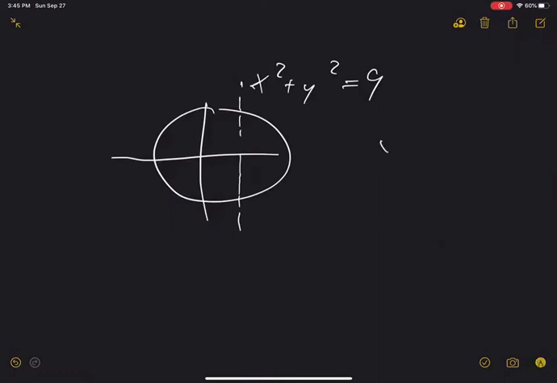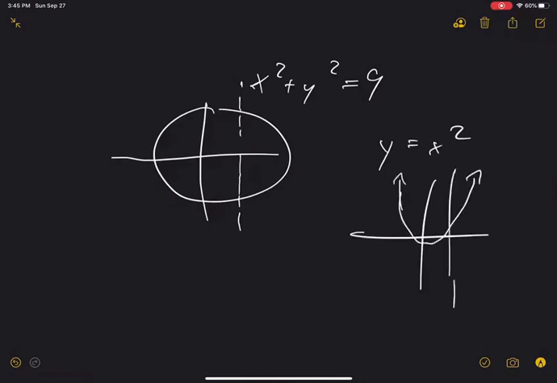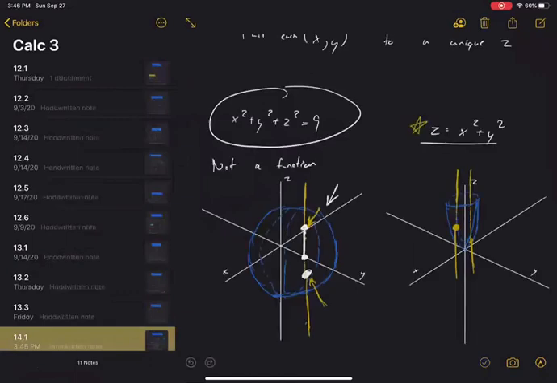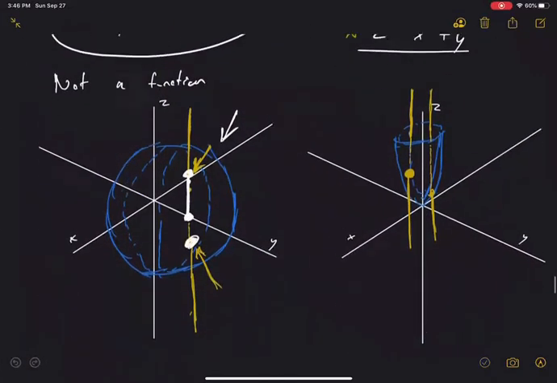On the other hand, something like y equals x squared, you can draw that and it's also a function. It passes the vertical line test. And these two-dimensional shapes are the two-dimensional analogs of the three-dimensional stuff we just drew.